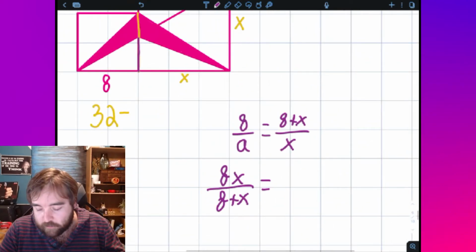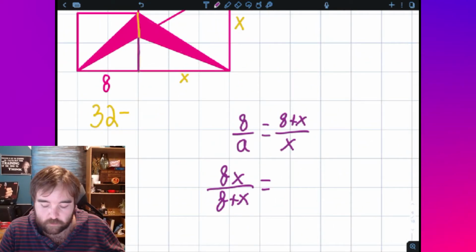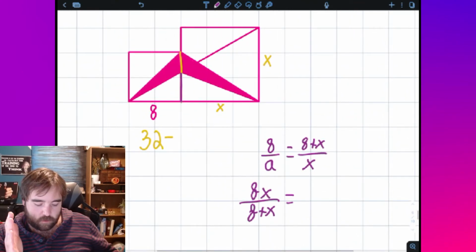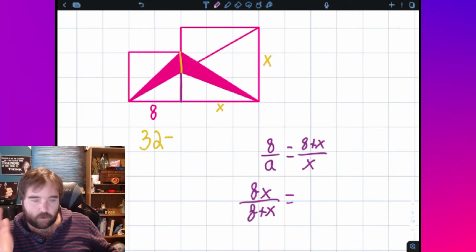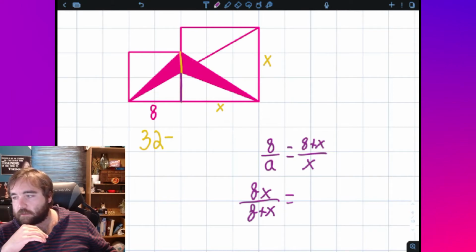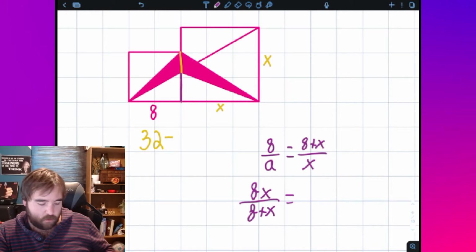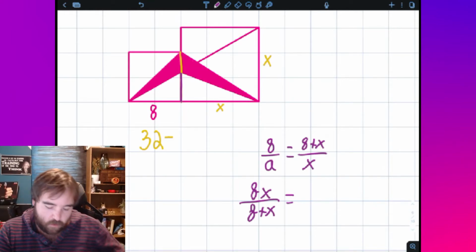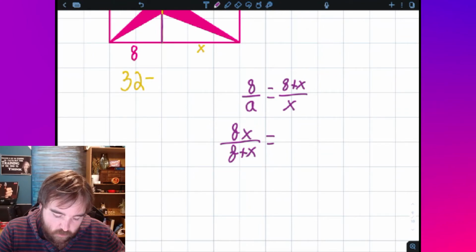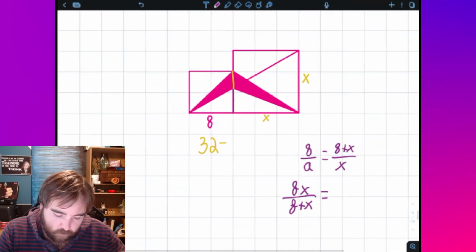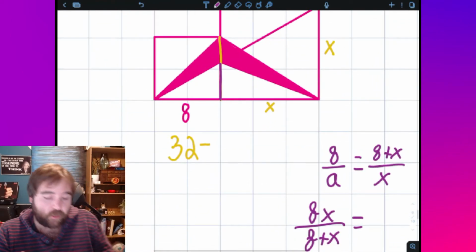So that height of the triangle is 8x over 8 plus x. So we can just use that to calculate heights of triangles.